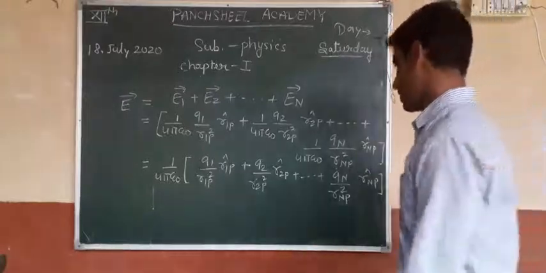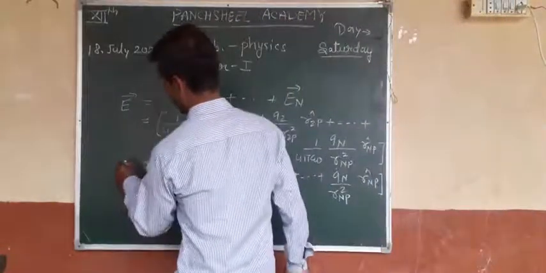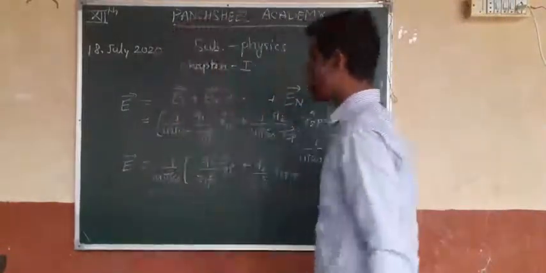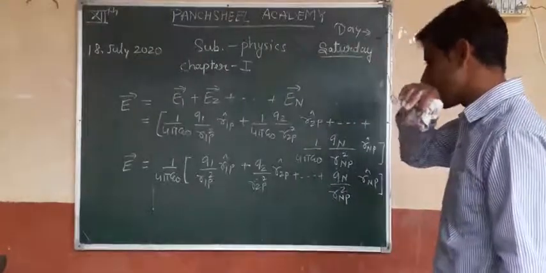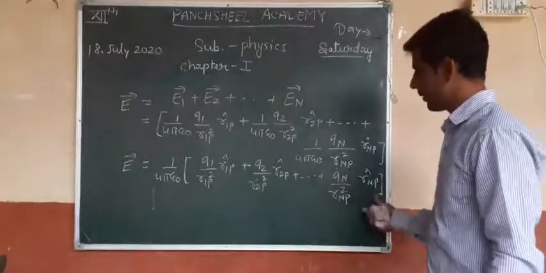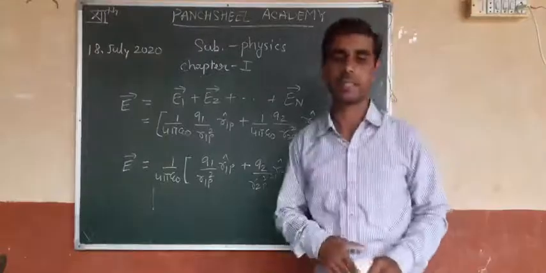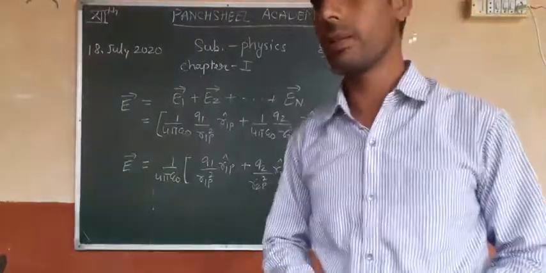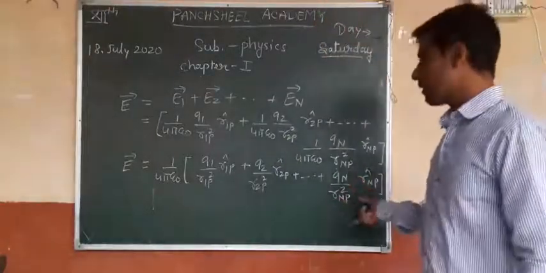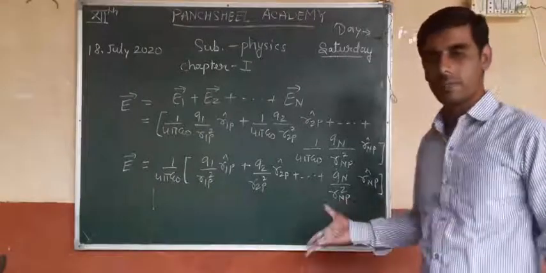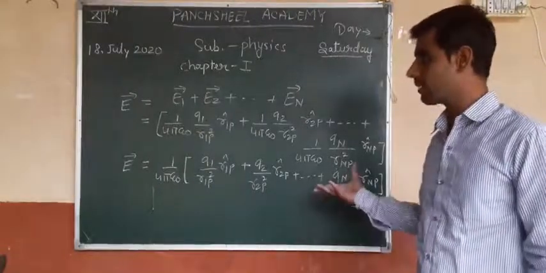So this is the value of electric field according to the principle of superposition. Okay, if there are n number of charges, then you will find the value of total electric field or resultant electric field.